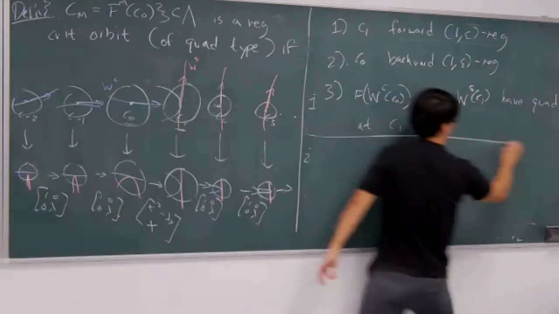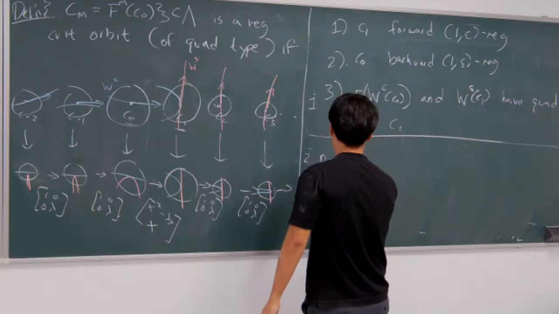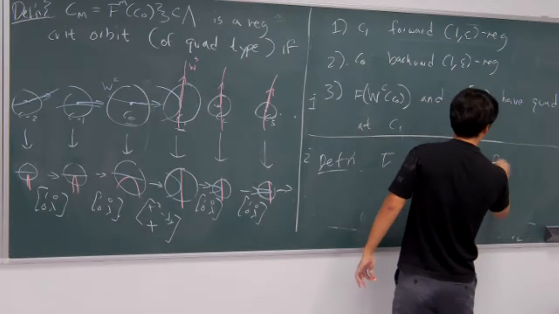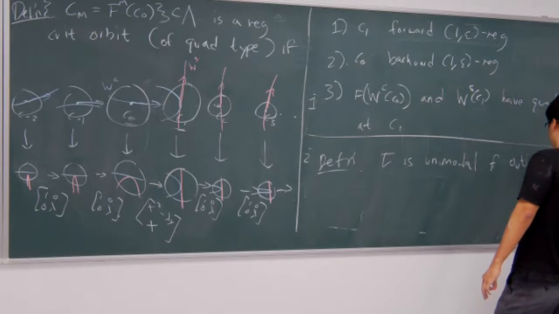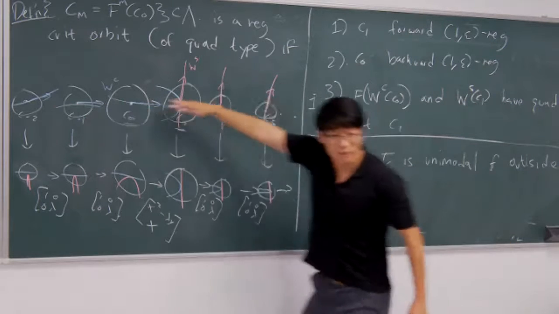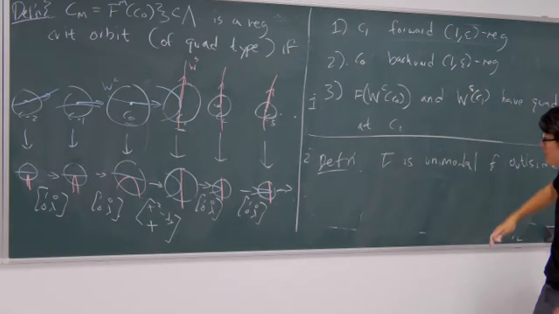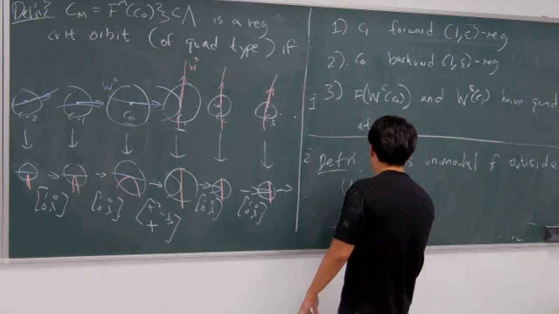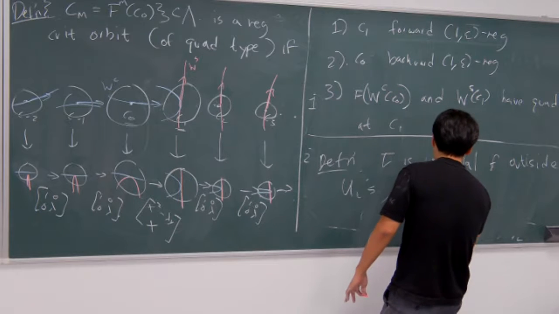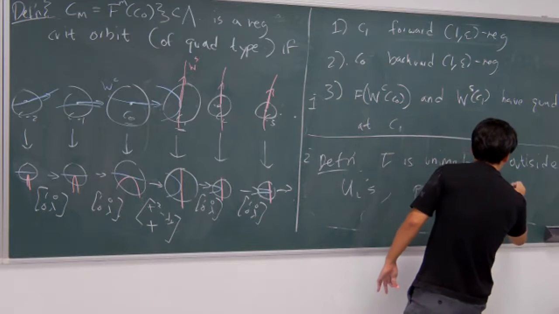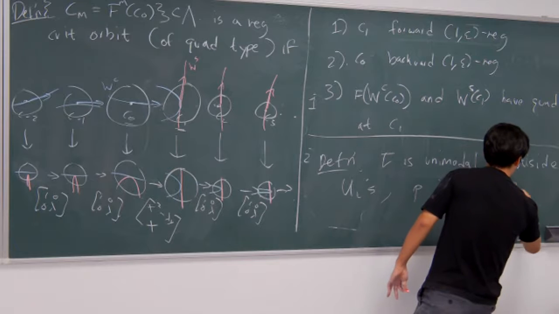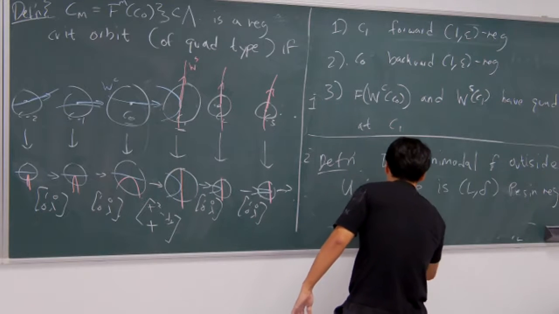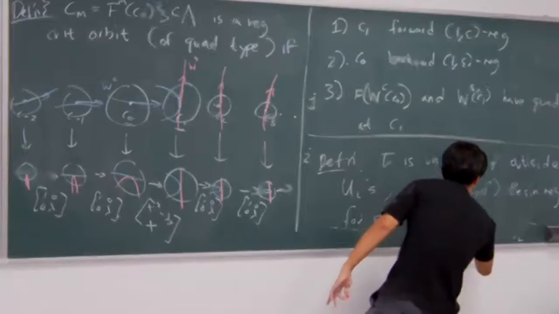So, definition. F is unimodal if outside these balls, where we have linearization, where we have uniformization of the critical orbit, you have some uniform hyperbolicity. Outside the balls, F is L delta regular, for some uniform L and delta.